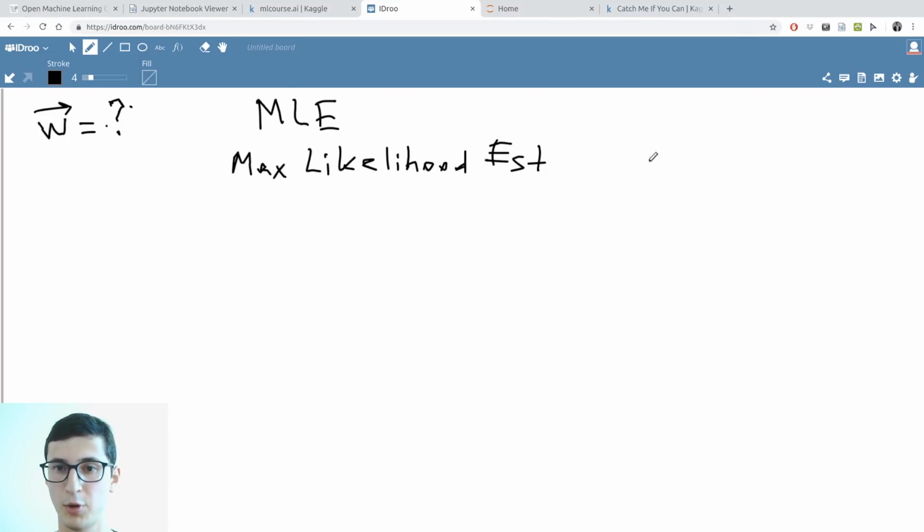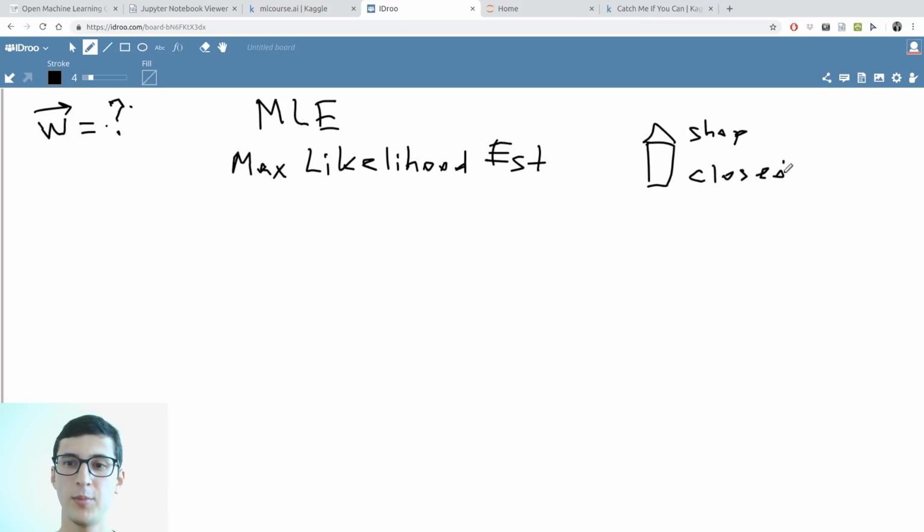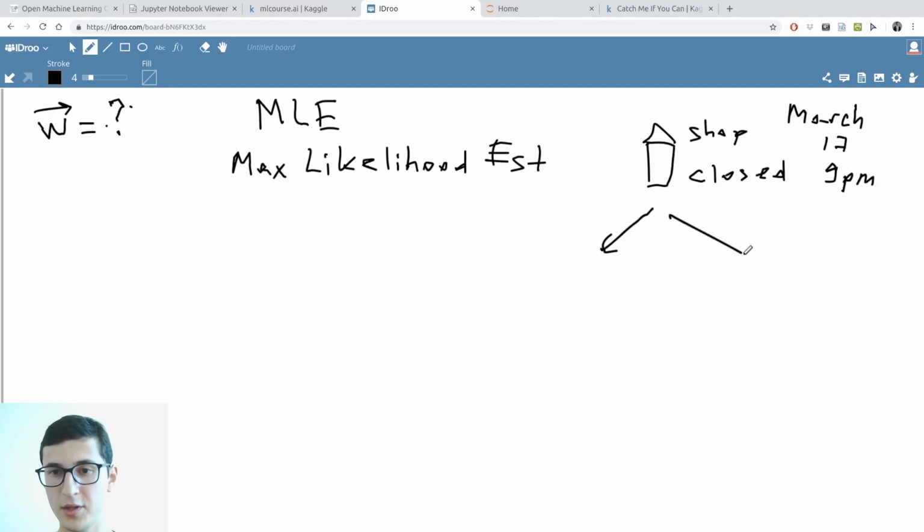I'll draw a small picture for that. So we see a shop and it's closed, and maybe we were passing by this shop on March 17 at 9 p.m. Okay, and maybe we've got two hypotheses.